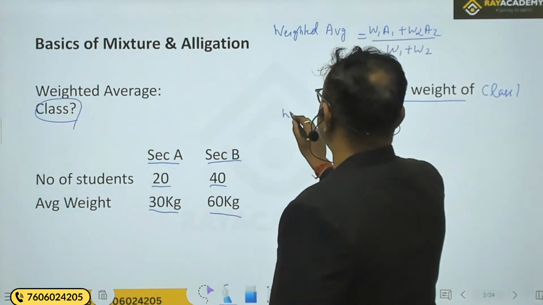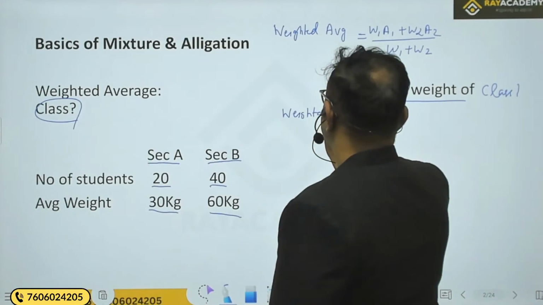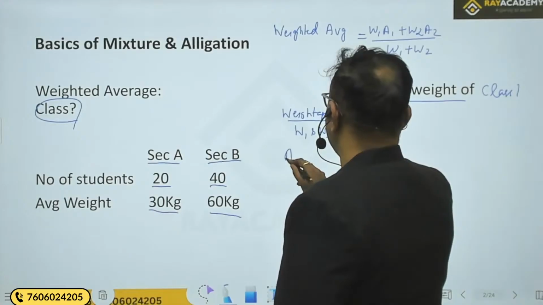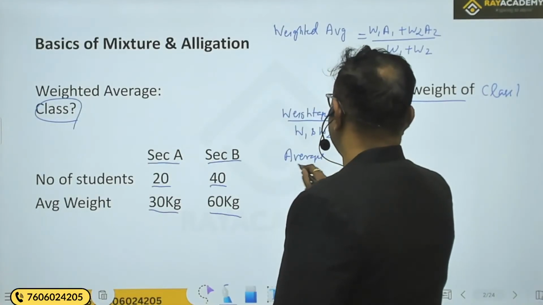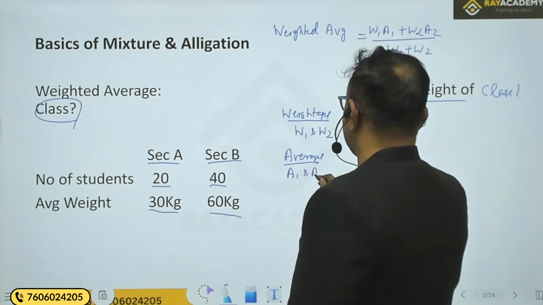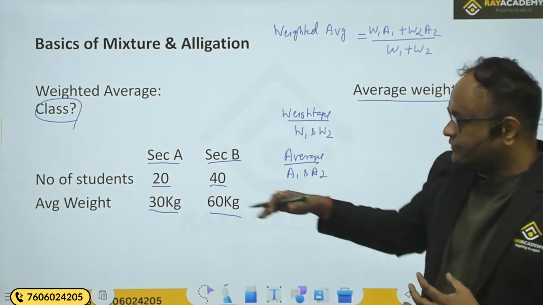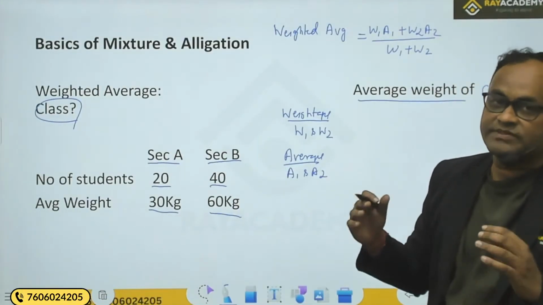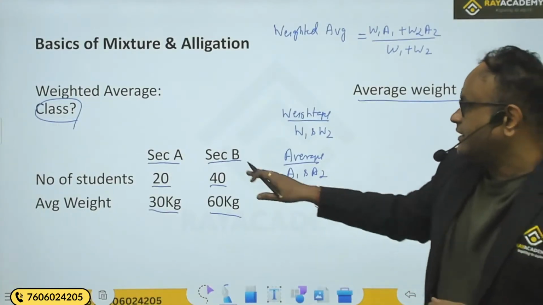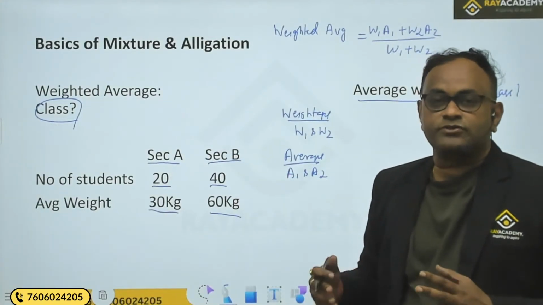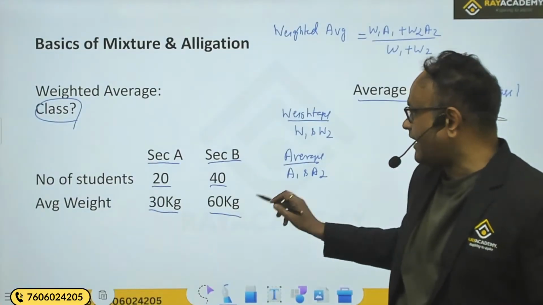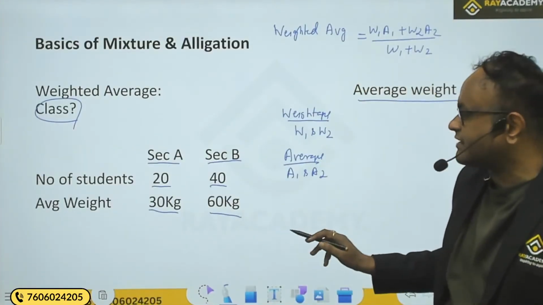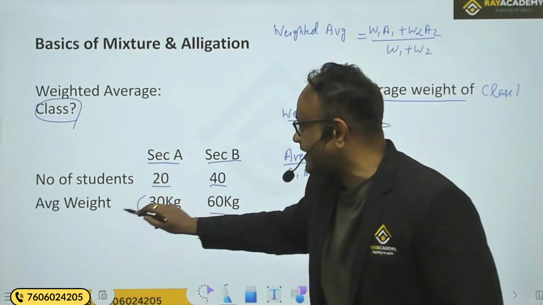Those are weightages, and the averages are A1 and A2. Weightage means the number of students: the weightage of section A is 20 students. Weightage, not weight. The weightage of section B is 40. And the average can be anything, but for this particular scenario, the average weight is given.